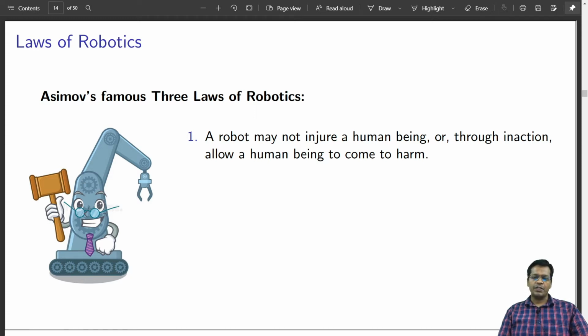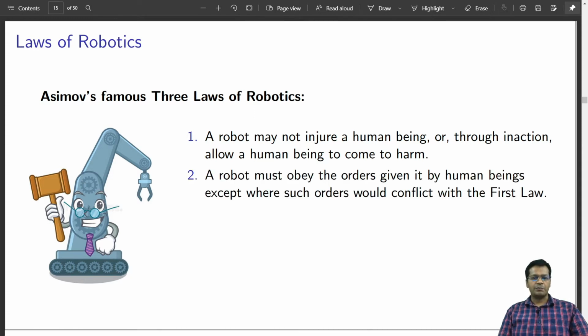The second law, which is over the top of number 1, says a robot must obey the orders given by human beings except where such orders would conflict with the first law. That means even if a robot is commanded to kill you, it should not take up that order and proceed further.